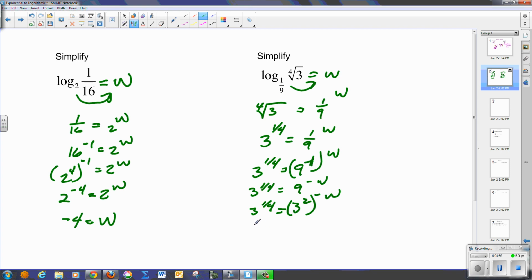Therefore, I have 3 to the 1/4 equaling 3 to the negative 2w. I can now set 1/4 equal to negative 2w. So w equals negative 1/8.